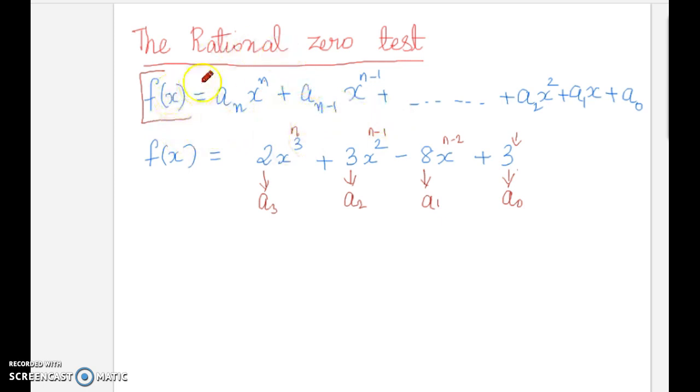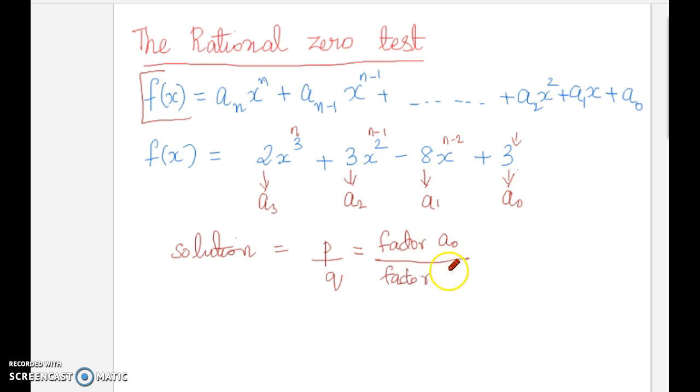So I'm just talking about the general notation, or the general way to write the equation of a function. Now what the rational zero test says is that every single solution of a polynomial like this will always be of the form of a rational p over q, such that p will always be a factor of the constant term a_0, and q will be a factor of the leading coefficient, the first coefficient, a_n. a_0 is just your constant, or just the number part without any variable. a_n is your leading coefficient, or the coefficient of the term that has the highest degree.